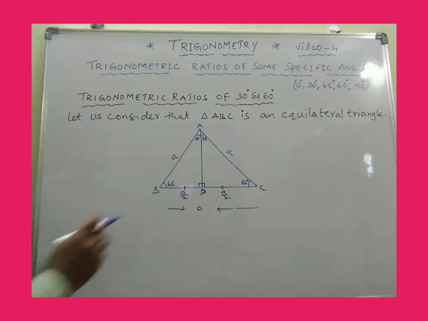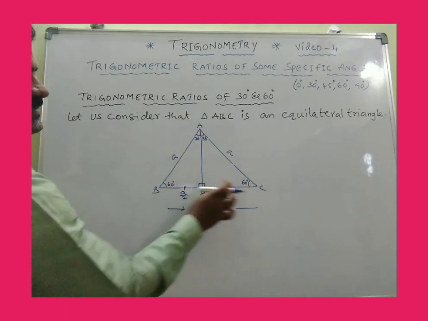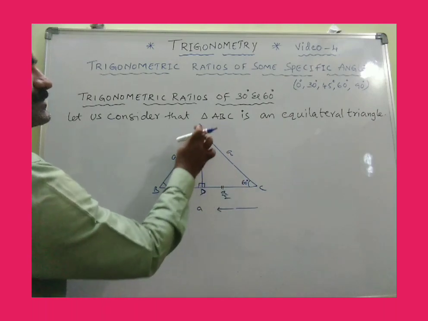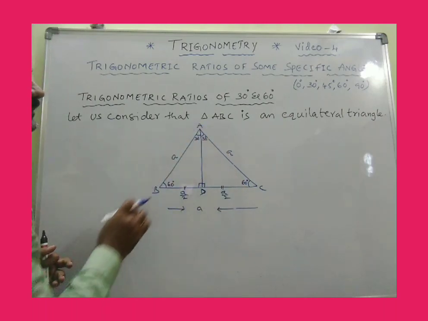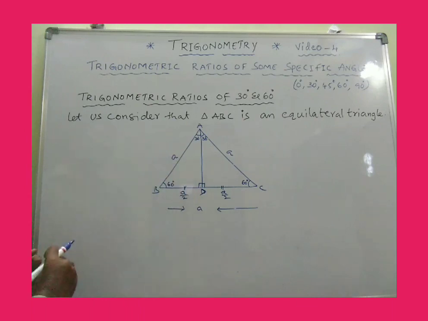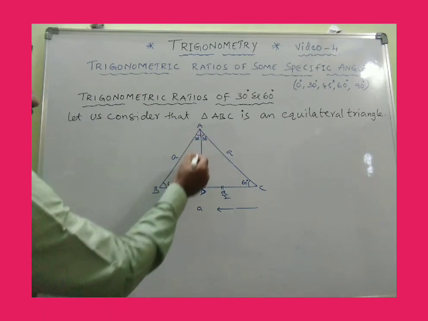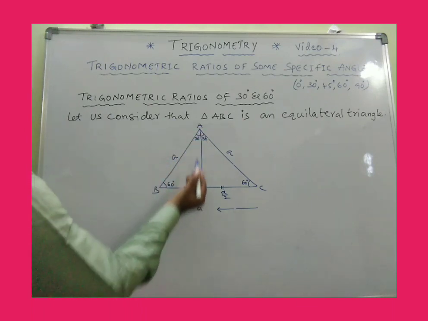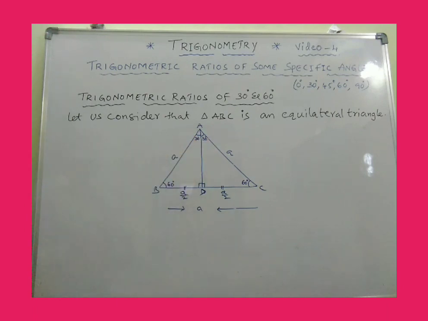Because of the equilateral triangle it is 60, 60 and the entire vertex angle should be 60, then only 3 into 60 is 180. But now when I draw this perpendicular bisector, it also bisects the angle here because of the equilateral triangle.